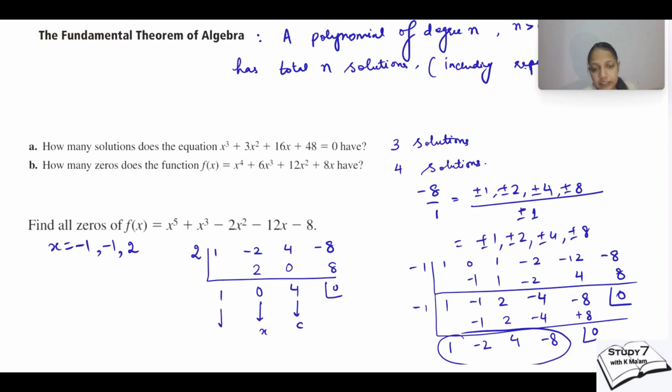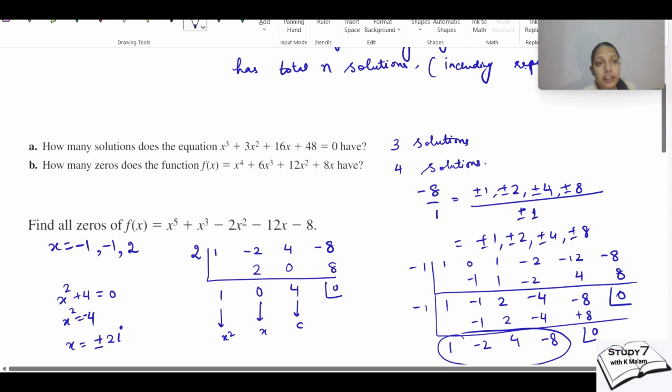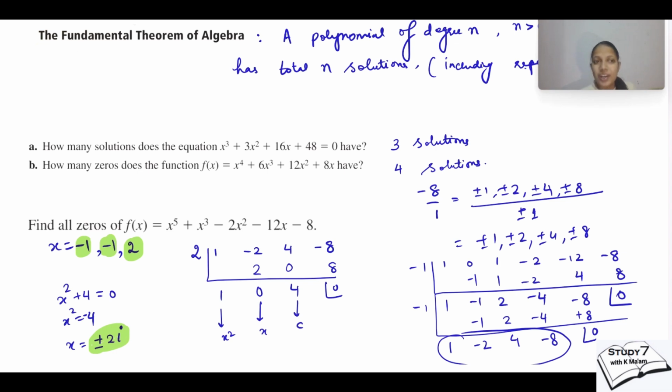The equation is x squared plus 0 plus 4 equals 0. x squared equals minus 4. So x is plus minus 2i. So you can count, there are a total of 5 zeros: 1, 2, 3, 4 and 5. Total 5 zeros and we calculated all.